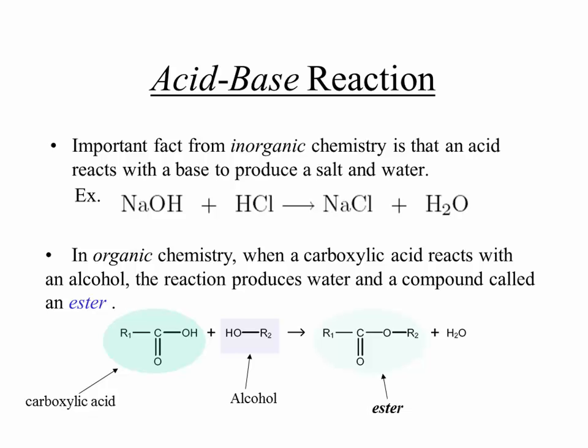And instead of an inorganic acid like hydrochloric acid, you're going to have an organic acid. So when a carboxylic acid reacts with an alcohol, the reaction is going to produce water, and it's going to produce a compound that is called an ester, which is like an organic salt. You can think of it as an organic salt.